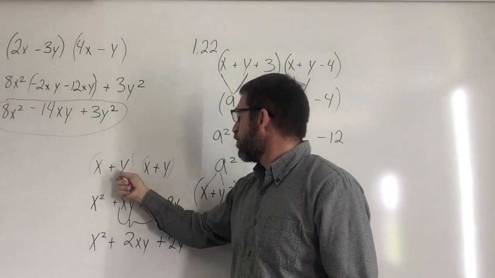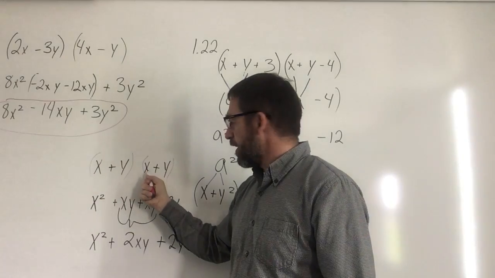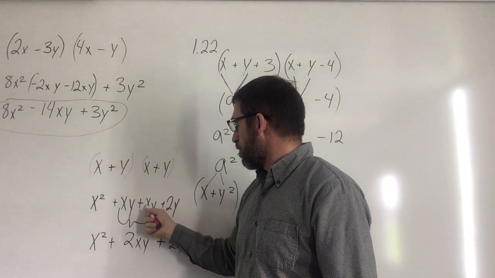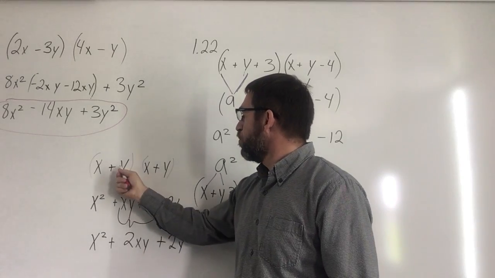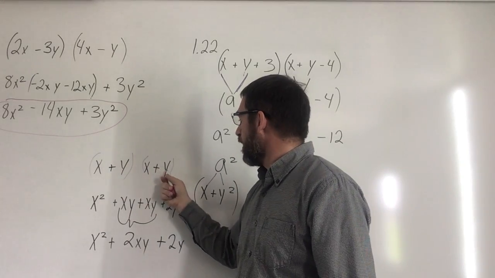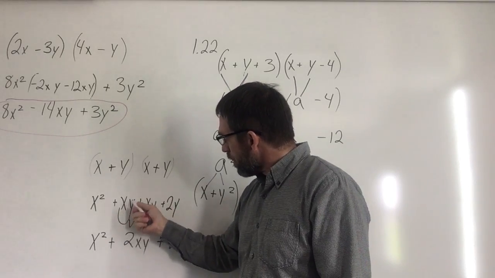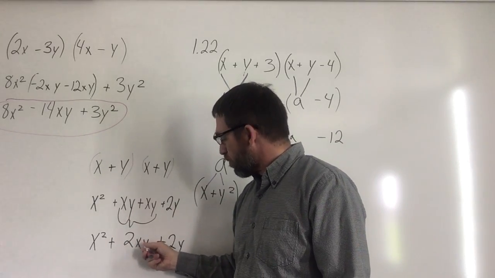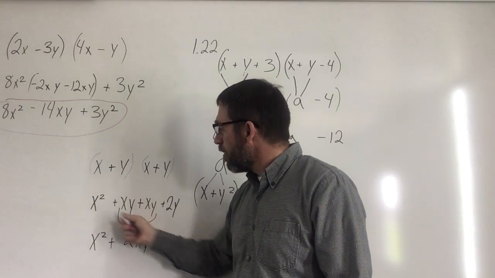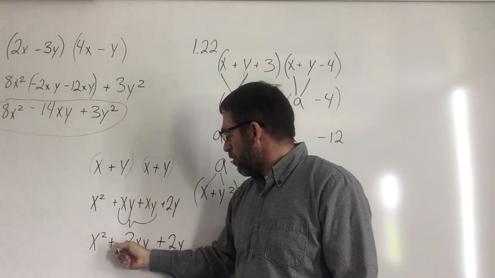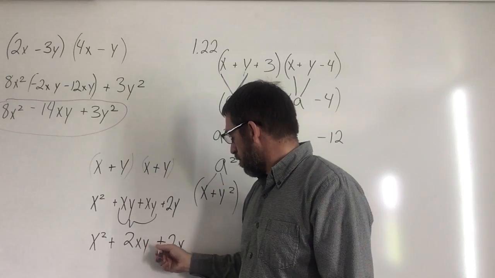And then you go inner terms, y times x is yx, or I put an xy. And now you do last terms, y times y is y squared. Combine these terms right here, and you have 2xy. So I bring my x squared plus 2xy plus y squared.